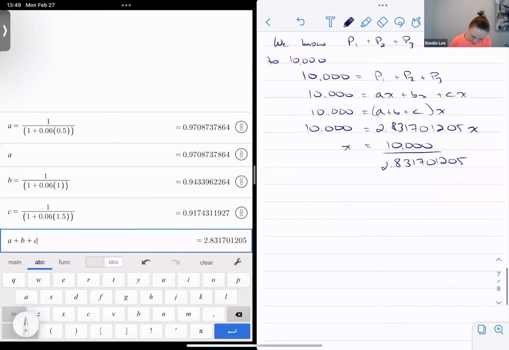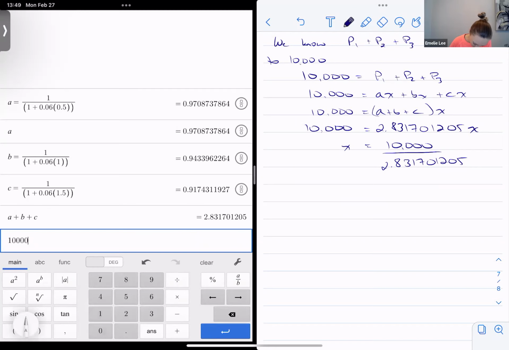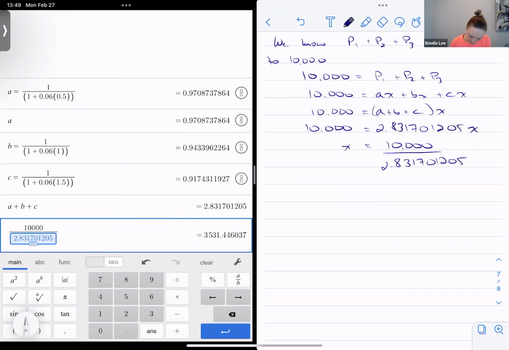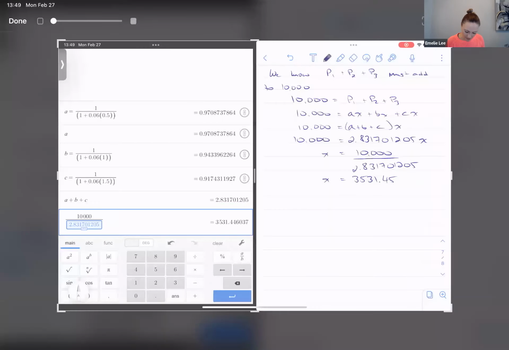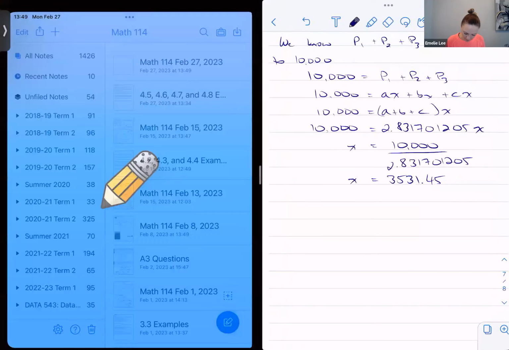2.83170120, which I'm also going to do here. Let me see if I can copy this. Okay, no. But I can do 10,000 divided by that previous answer. So X is $3,531.45. This I'm going to screenshot and bring in because I know I'm out of time almost here.